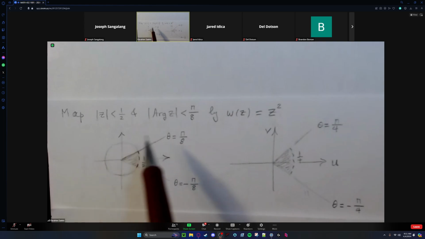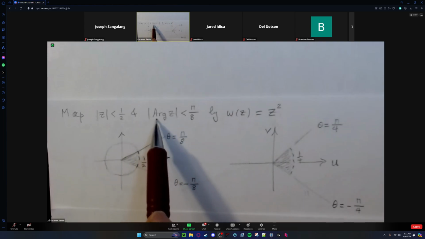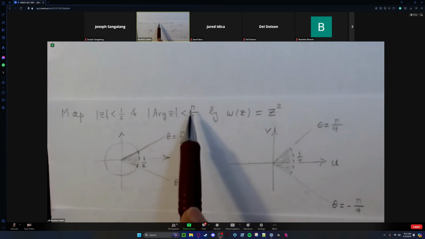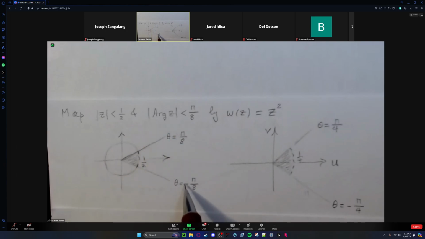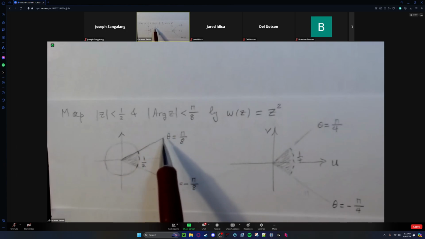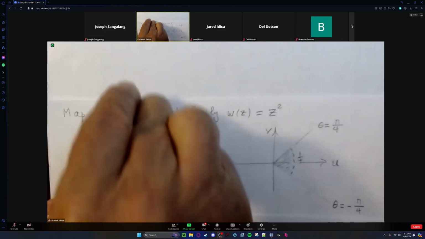Also, they will tell you that the absolute value of the argument of z is less than pi over 8, which means the argument of z is between negative pi over 8 and pi over 8. So we are dealing with this shaded area.